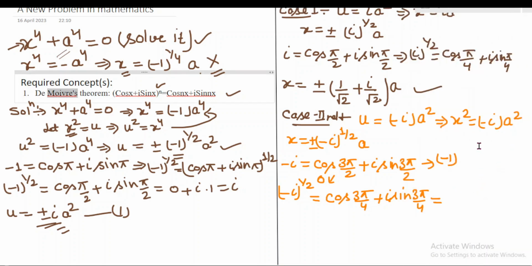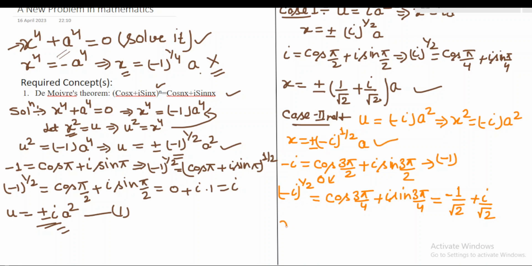the value of cos 3 pi by 4 will be equal to minus 1 upon under root 2, and the value of sin 3 pi by 4 will be 1 upon root 2. Now put the value of minus i to the power 1 by 2 in this particular equation.